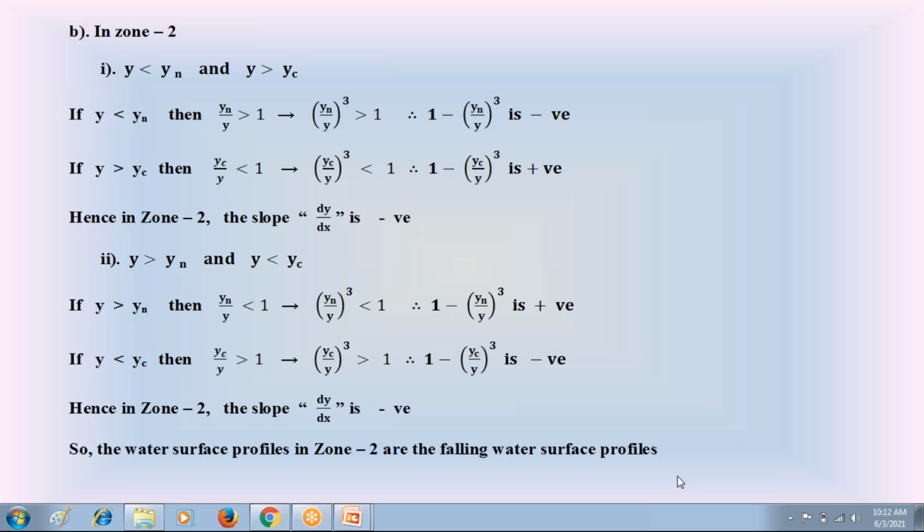Any doubts, students? Any doubts about that zone 2 dy by dx slope calculation? Please interact with me. If you have doubt regarding that dy by dx, either in zone 1 or zone 2, please ask me that doubt.